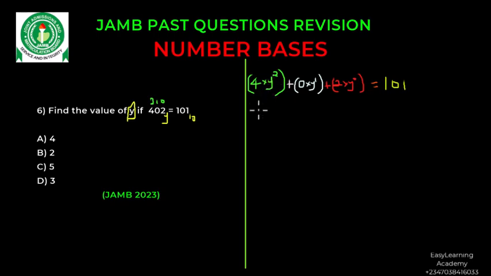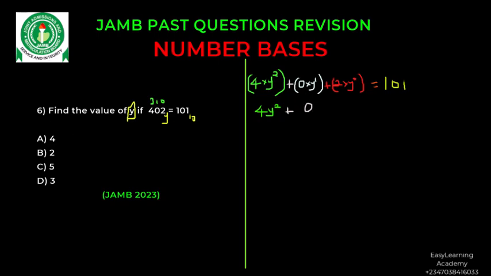So 4 times y squared will give us 4y squared. Good. And then we bring down our plus sign. Y raised to power 1 is y. 0 times y will give us 0.